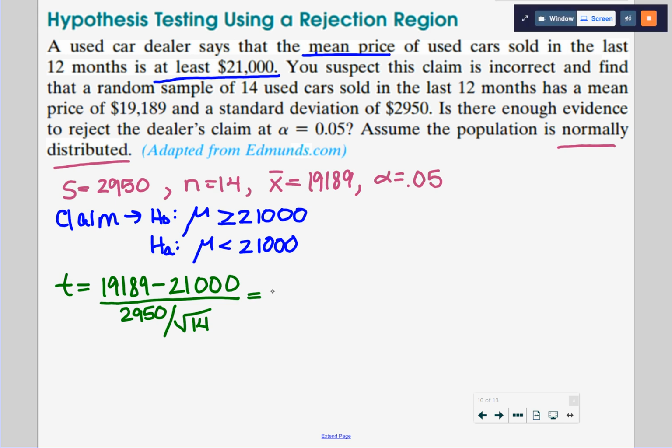And I get negative 2.296, so I would say negative 2.30 is our t value.